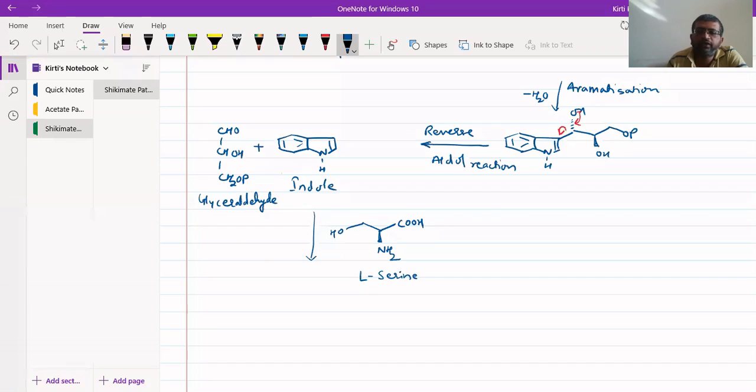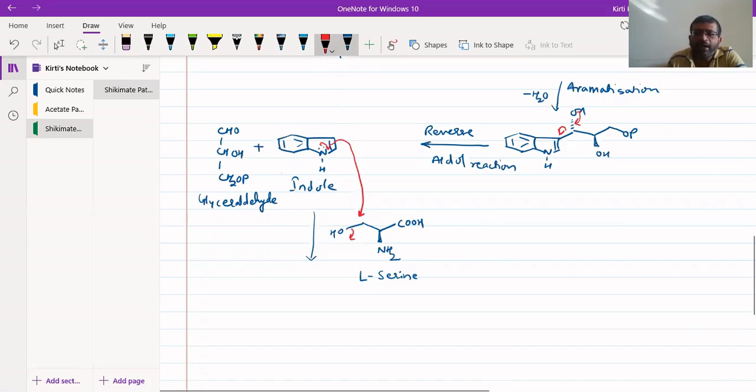This lone pair of nitrogen plays an important role in this, and it comes over here, with the loss of hydroxyl group.